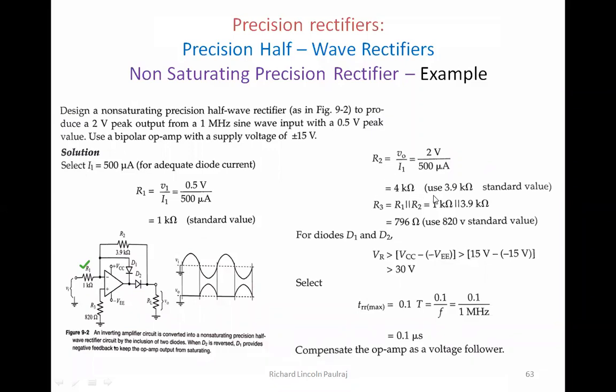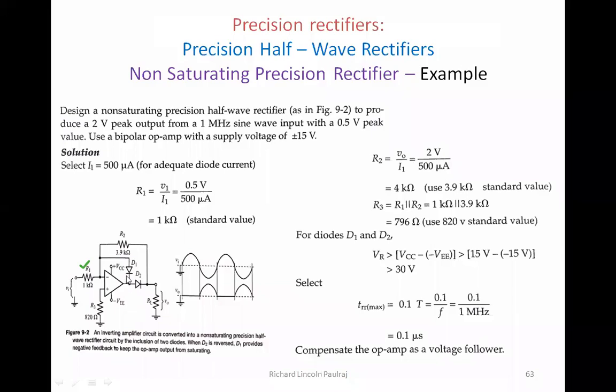So we will use 3.9 as the standard value. Okay. If not, then we can also use 1K in series 4 times, right? So that's going to be a little difficult. So instead we will just reduce the resistance to a little level, okay, and we'll use 3.9 for that.